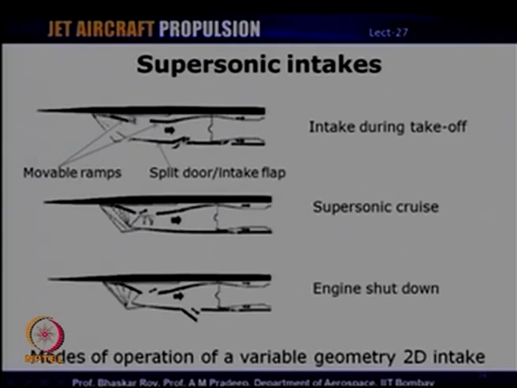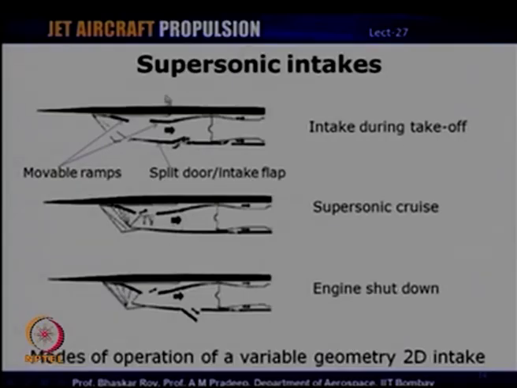One of the surfaces of the intake was movable, and so depending upon the operation of the engine, these rams were moved, so that the engine could operate during takeoff, that is subsonic flow, and when it was operating in supersonic flow, these doors were closed.